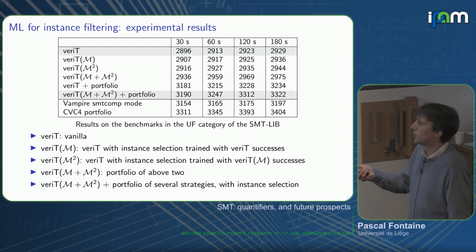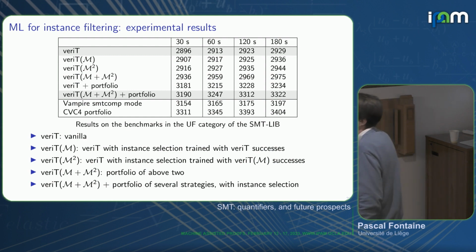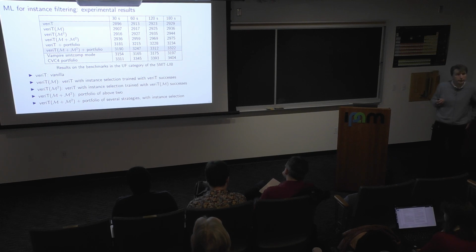This solver is reasonably good, but not extraordinarily good if you compare it to the state of the art at the time of this experiment, which was CVC4. So there's still a lot of improvement here. AI can help us, but we have to have techniques that are very, very quick.